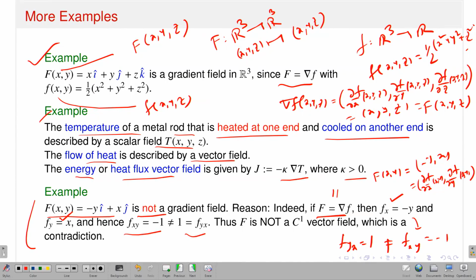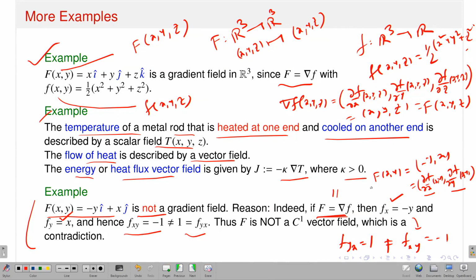You see, in my slides I said that unless otherwise specified, I am assuming that my vector field capital F is a C1 vector field. Now if capital F is a C1 vector field, and capital F is equal to gradient of f, then the corresponding f_x and f_y should be C1, that means differentiable and the derivative should be continuous.